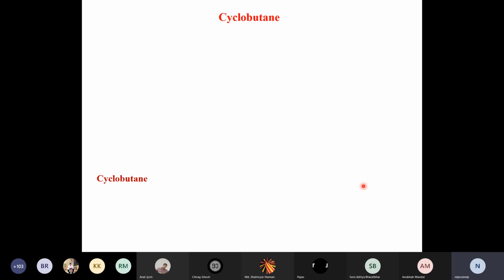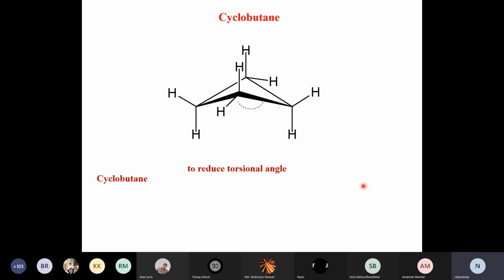To relieve this strain, they exist like a puckered structure, a puckered square. And again, the point here is how much interplanar angle it is puckered from the plane. That only you have to remember. That is 35 degree.